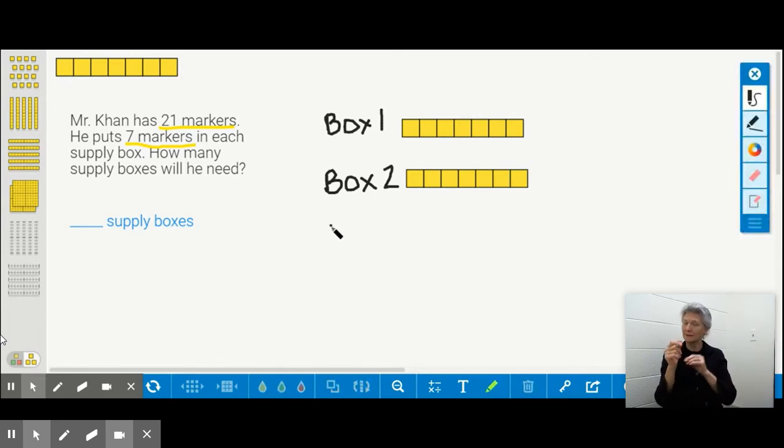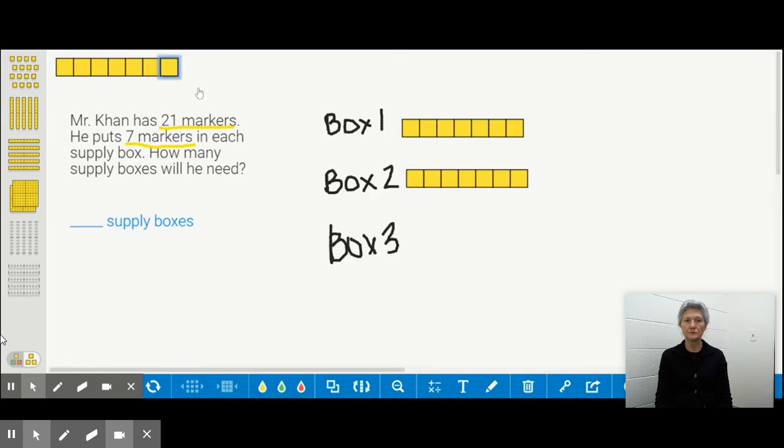Now it looks like we might be able to do one more box. Let's try it. Box 3. We've got 1, 2, 3, 4, 5, 6, 7.